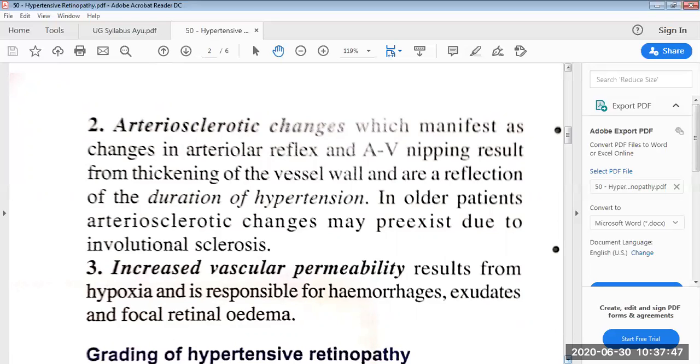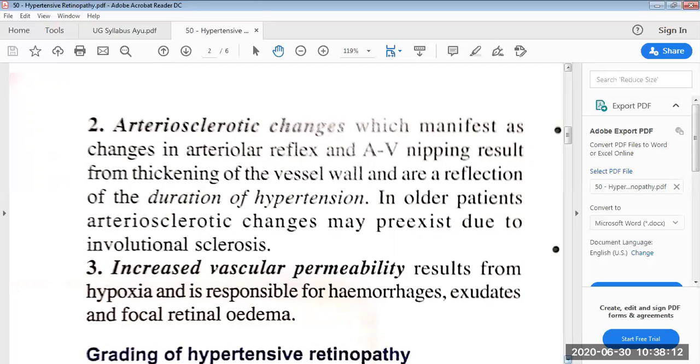In older patients, arteriosclerotic changes may pre-exist due to involutional sclerosis. Then the third important factor is the increased vascular permeability. It results from hypoxia and is responsible for hemorrhages, exudates, and focal retinal edema.